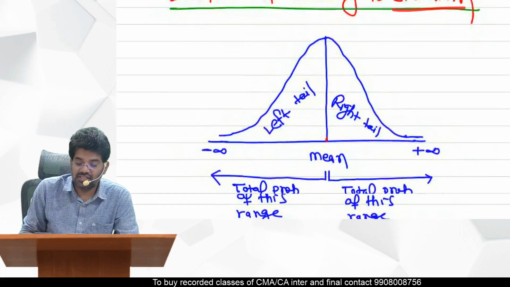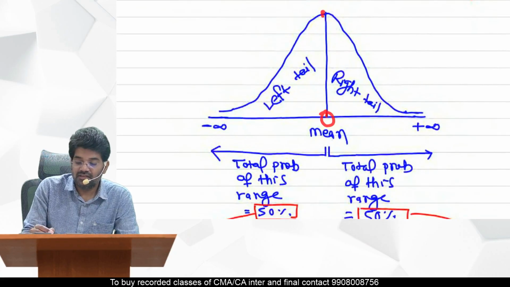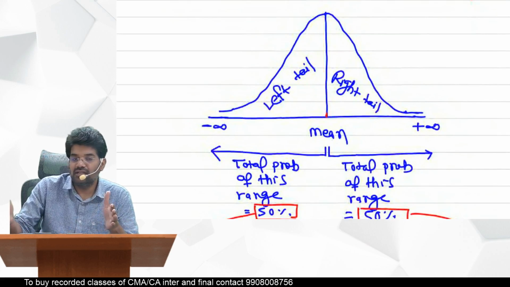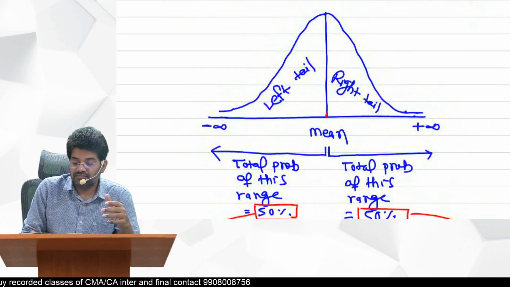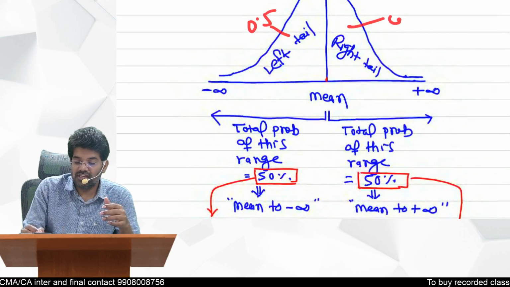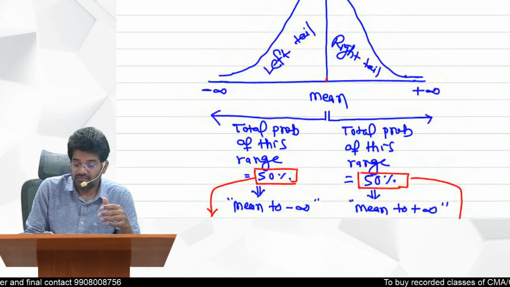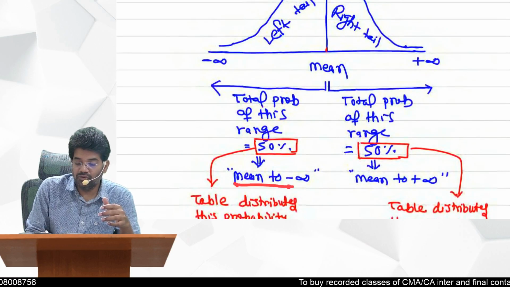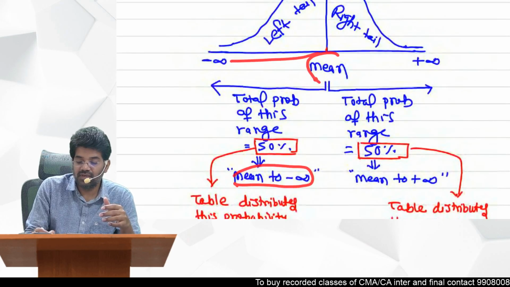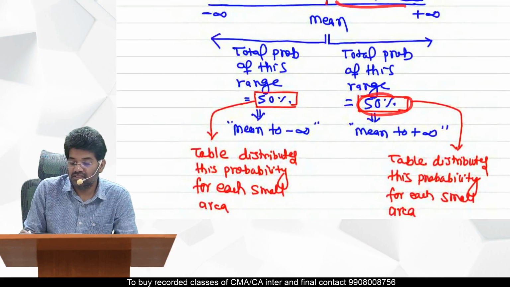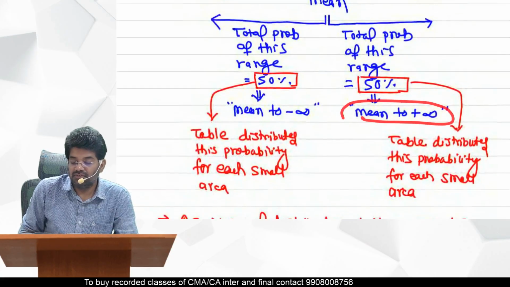According to statisticians, the mean divides the curve into two equal halves. The total probability of this area is 0.5, that is 50%, ranging from minus infinity to the mean. The total probability of the other half is also 50%, ranging from the mean to positive infinity.